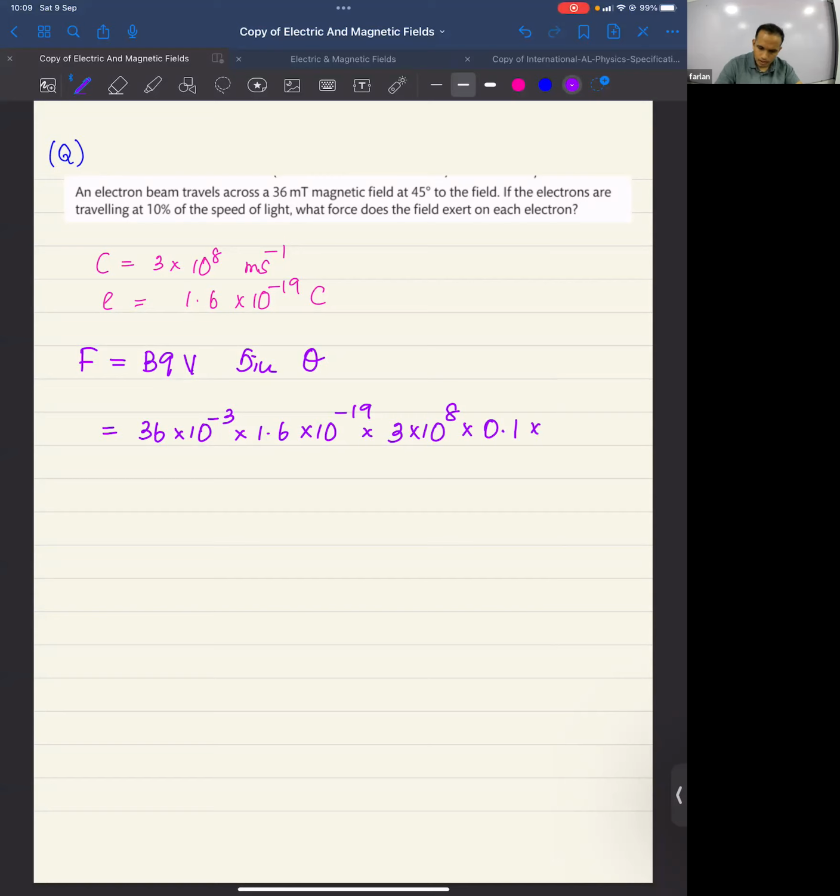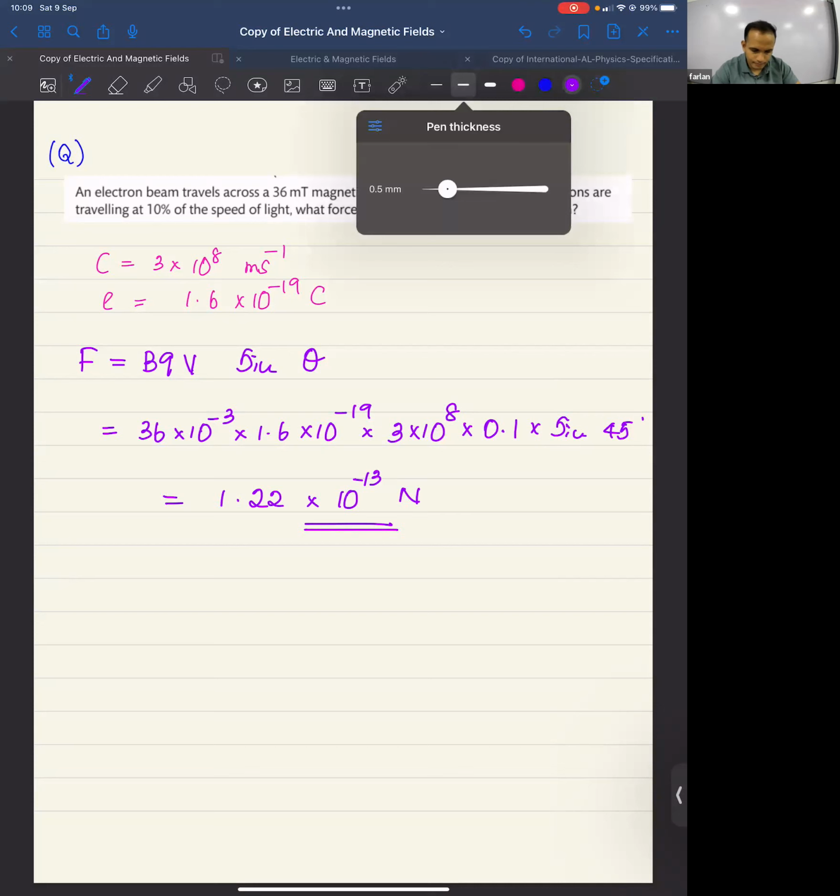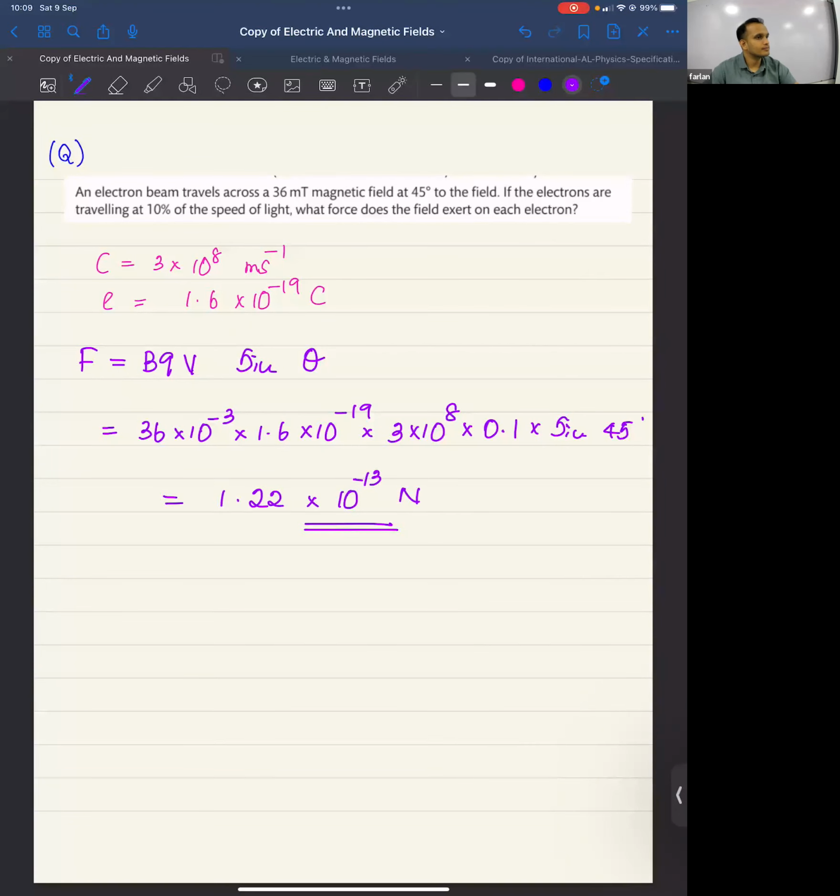Into sine 45. So 1.22 into 10 to the power minus 13 newtons. Is everyone getting this answer? Yes. So it is 1.2232.